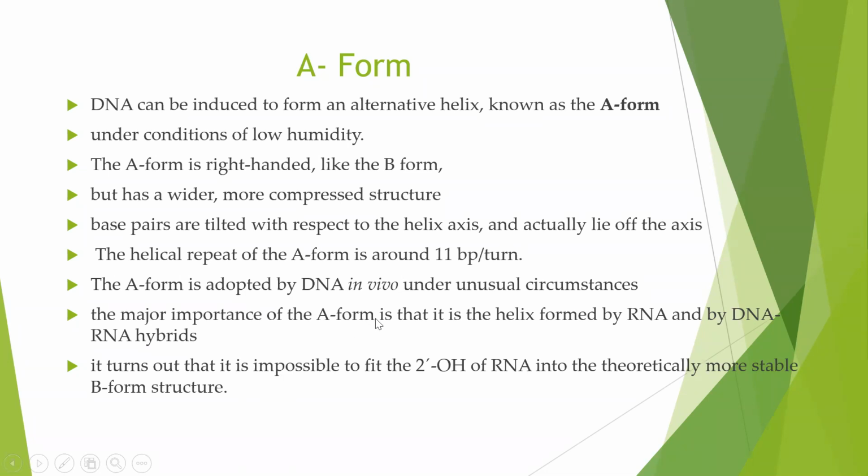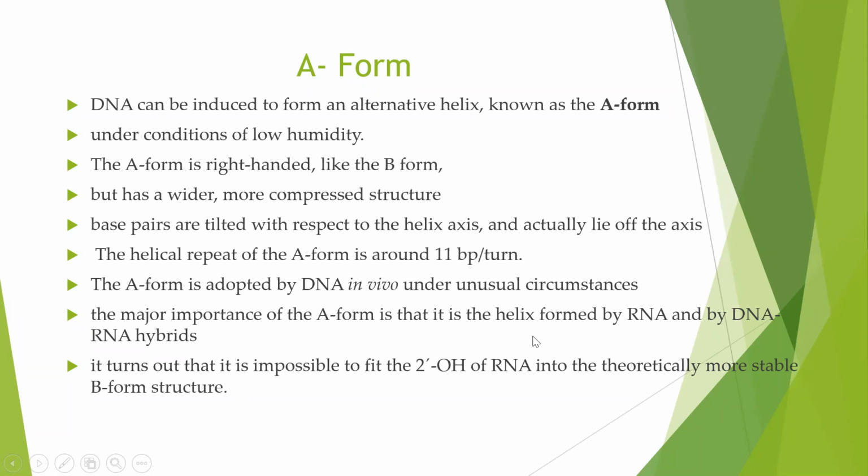The importance of this A form of the DNA is that generally this conformation is adopted by RNA and in case of DNA RNA hybrids. Otherwise, it is very unusual to see the A form conformation of the DNA double helix. Why is this A form adopted in case of RNA and DNA RNA hybrids?